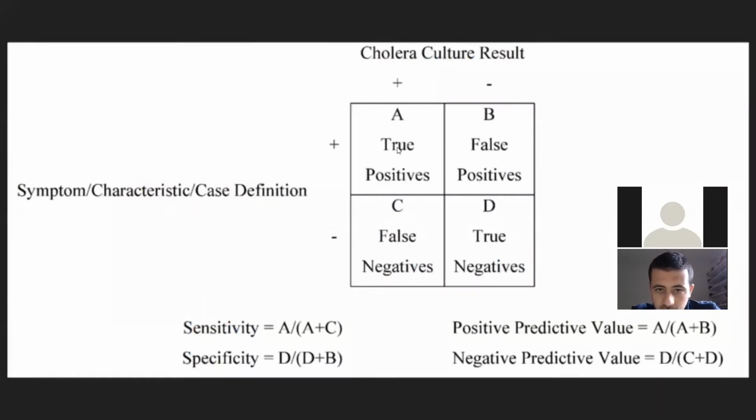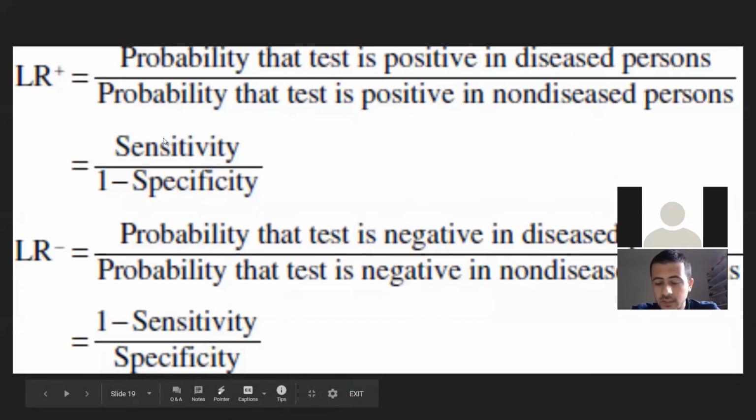So let's think about the probability that the test is positive in a diseased person. It's A on A and C, which is sensitivity. We put sensitivity in here.